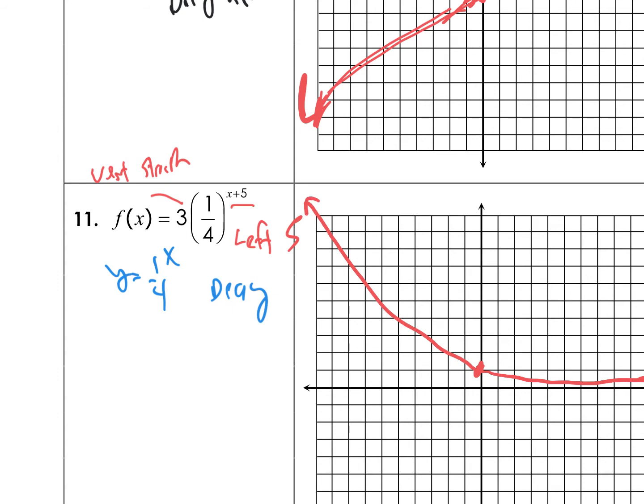So now the new function shifts left 5, so that dot here goes 1, 2, 3, 4, 5. Has to go here. So this still is going to go towards the same asymptote. Okay. But since it's a vertical stretch of 3, this dot goes 1, 2, 3.